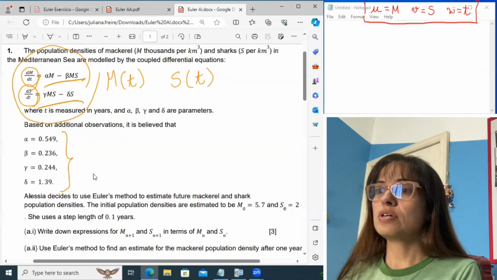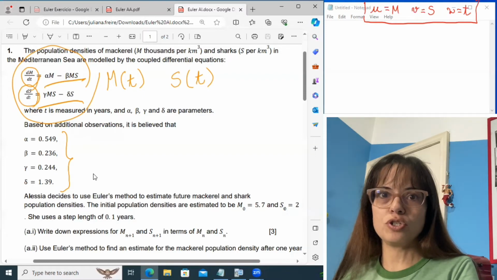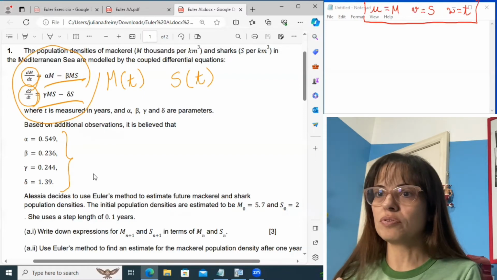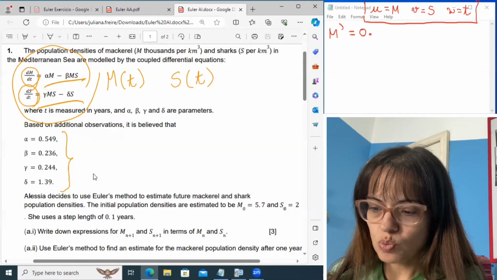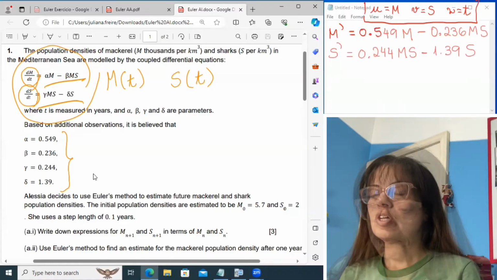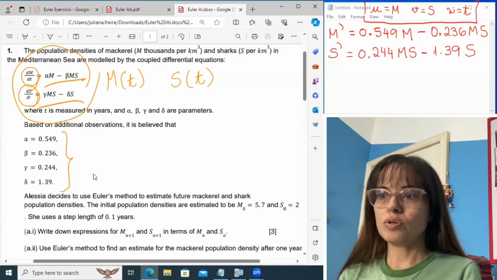So I wrote it down there so that I don't forget. And I'm also going to write down the system of equations so that I can put the calculator on the screen. As I do this, I am going to copy the numbers as well because I'm going to need them. So I've substituted the parameters that the question gave me into the equations.